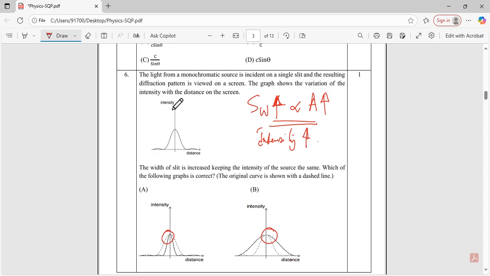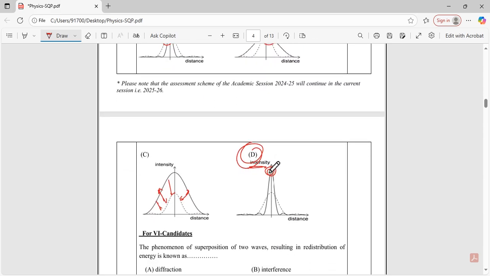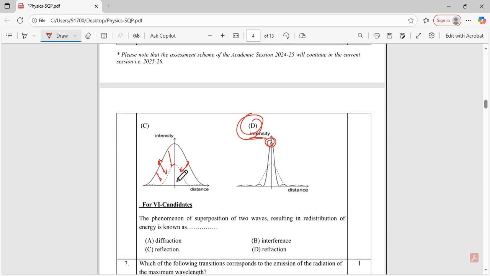Here the intensity is the same, here also the same. Here it's not signified, because these two look almost parallel. So the amplitude increases with slit width, and the intensity also increases here.